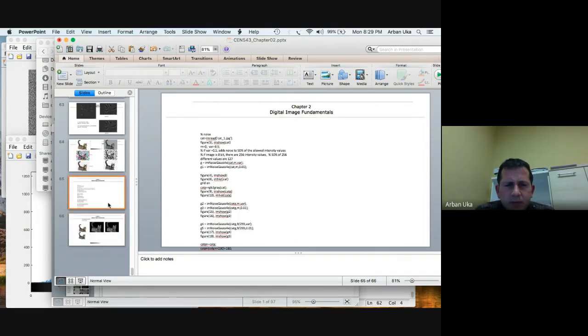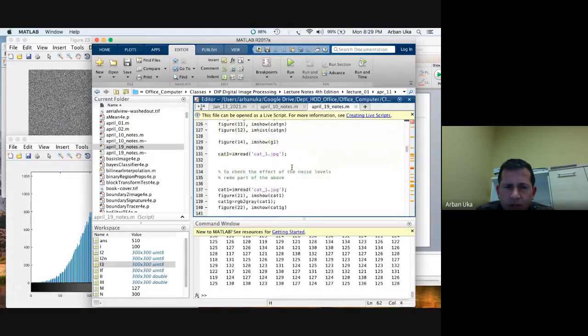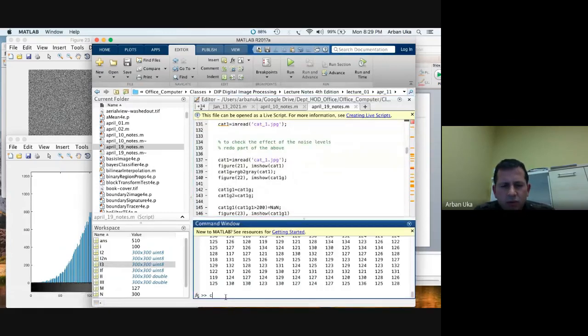These codes that we have here, I don't want to run them now, but you can experiment yourself. I strongly suggest you go over these.